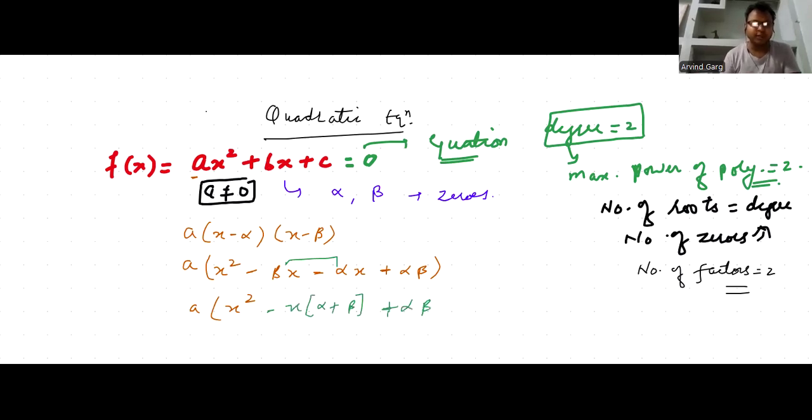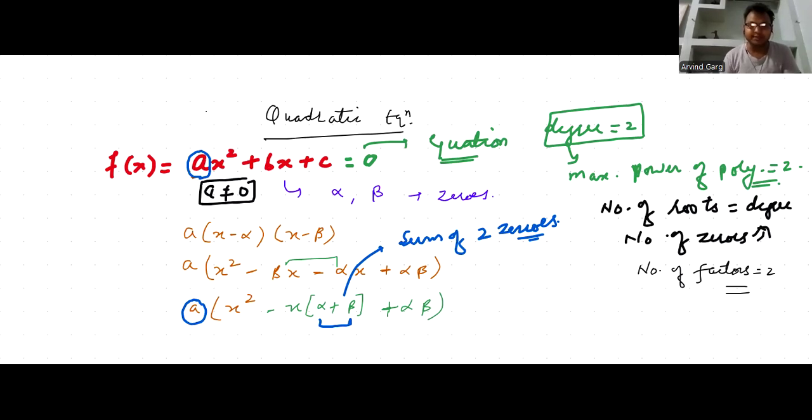All right. So if this type of situation arises over here, what we can conclude is that these are the sum of two zeros for a quadratic equation. So what does that mean? From here, I can say that alpha plus beta is the sum of the zeros, which is the coefficient of x. Okay. But here we have a also multiplied by this, and a is actually the coefficient of x square, right?